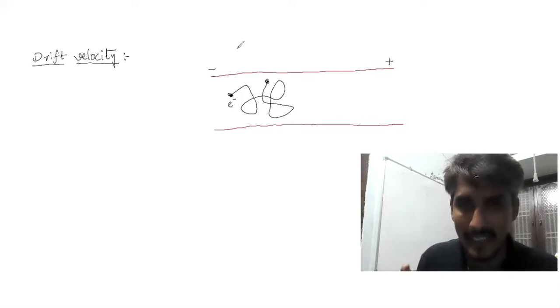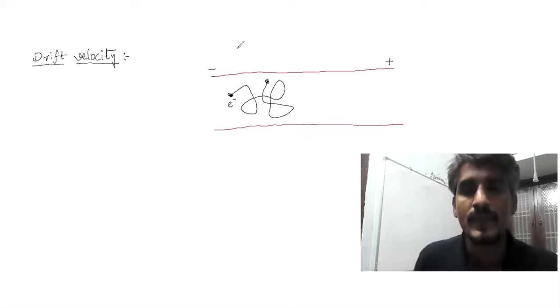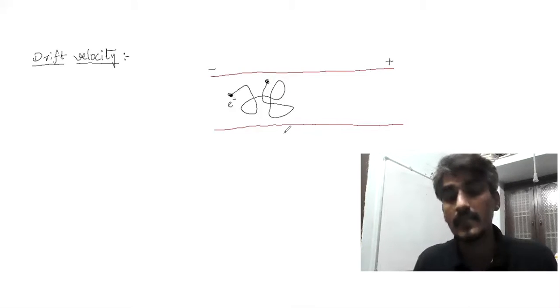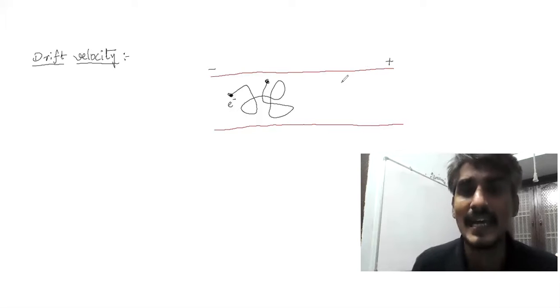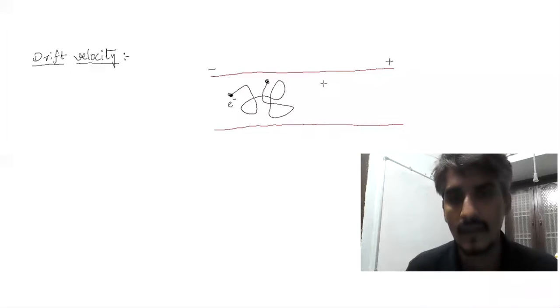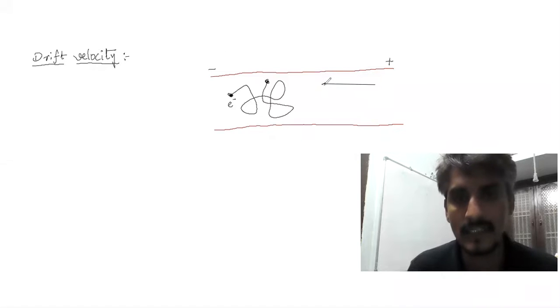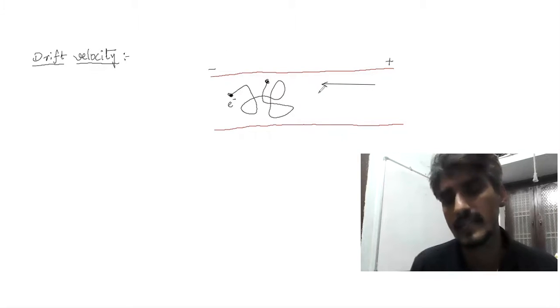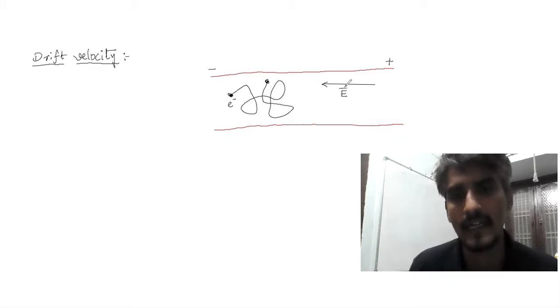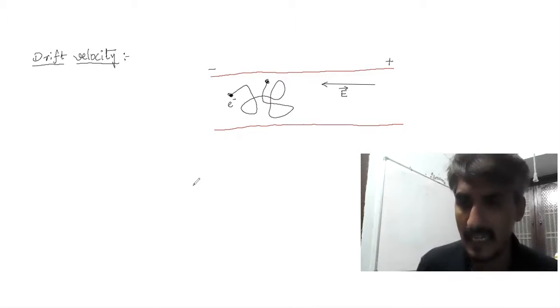Whenever we connect the wire to a battery, an electric field will be set inside the conductor, and that electric field is from positive to negative. This is the direction of the electric field inside the wire, inside the conductor.